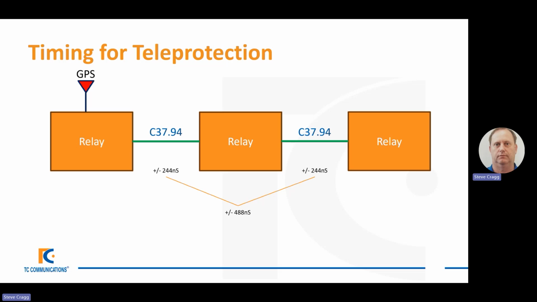So you can see that's still very accurate, and this is where we talk about synchronization. However, it is easy to become confused between the real-time clock for the relay and the clock for the synchronization of the data in the C37.94.